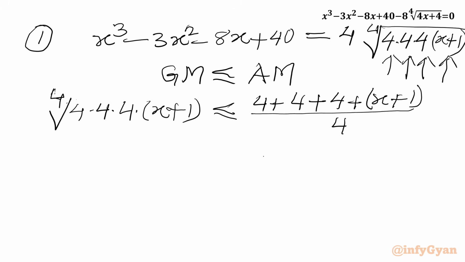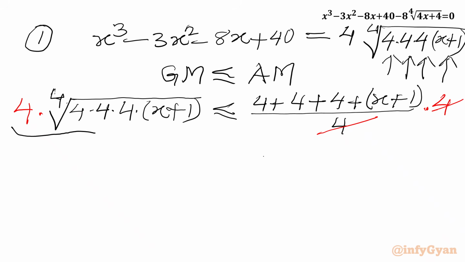Now from equation number 1, only 4 is missing. So we will multiply both sides by 4. Now we can cancel the denominator 4 from the right hand side of this inequality.